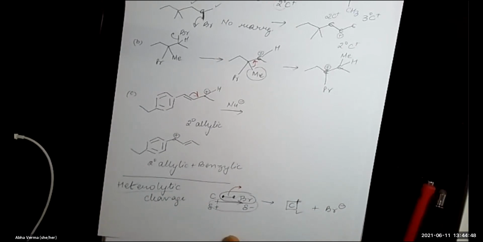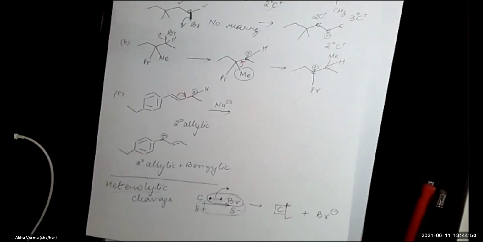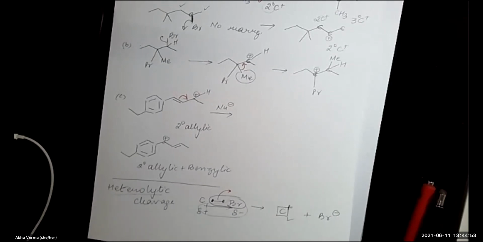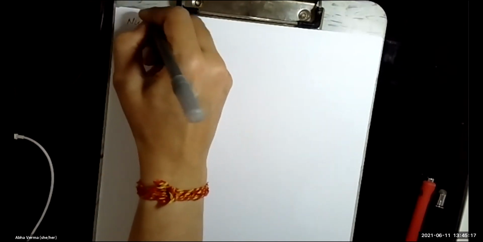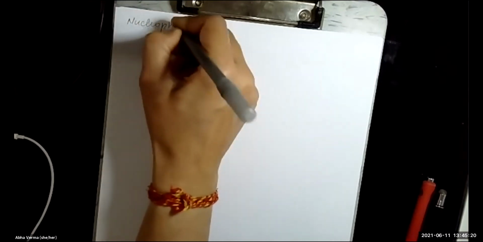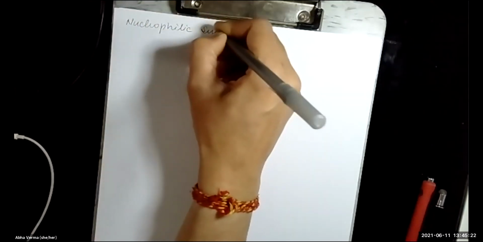So these are the 4 methods: acid-base, nucleophilic attack, loss of leaving group, and rearrangements. These are the 4 mechanistic arrows that we will be using again and again to develop our mechanisms. Okay? And the first mechanism that we are going to look at is nucleophilic substitution reactions.